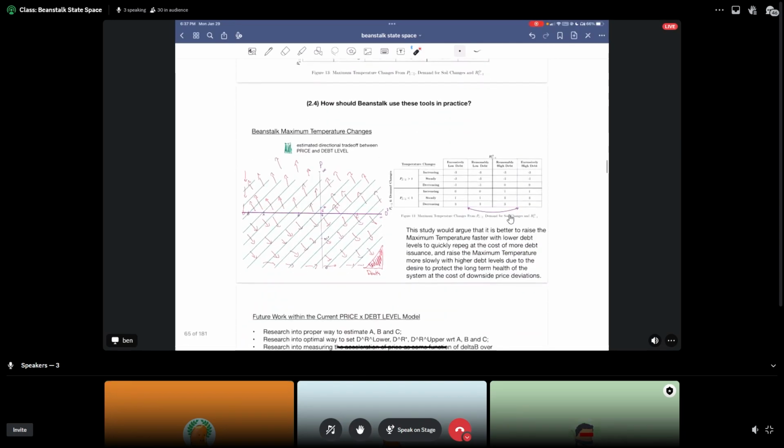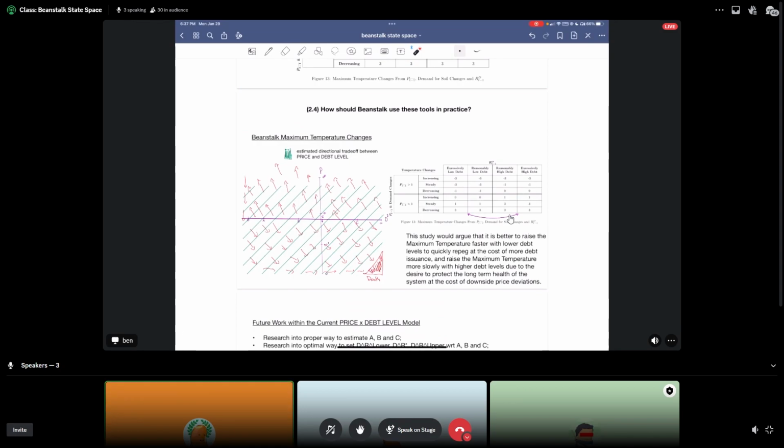And they're matched up. Now, one thing that's very interesting is that based on this study, it may make sense to actually change the maximum temperature change to be more aggressive at lower debt levels, right? Apply more force here to try to get up on price here.